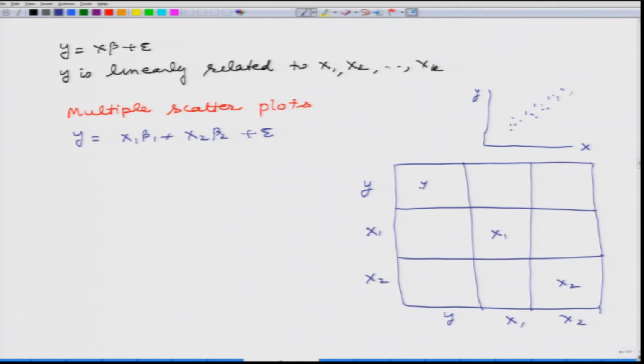But here this will give us a scatter diagram between y and x1. y is coming from here and x1 is coming from here, and here there will be a scatter diagram between y and x2. So, x2 will be coming from here and y from here.